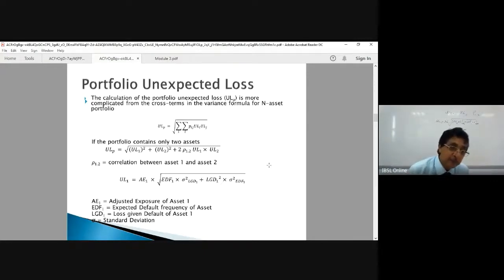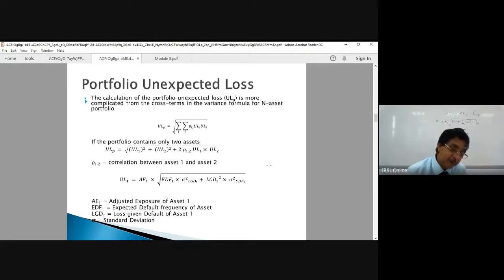That can be taken as ULP is equal to square root of UL1 squared plus UL2 squared plus 2 rho 1,2 into UL1 UL2. Now I think one person asked that question also. Are we in a position to get these things calculated and get the algebraic total? That is not the way. If you want to get the total, you have to do it this way.